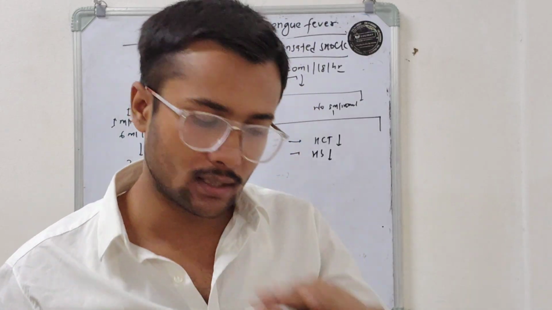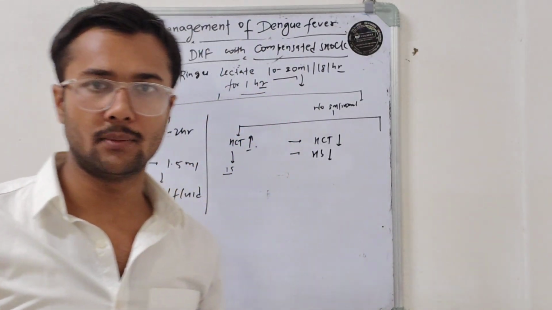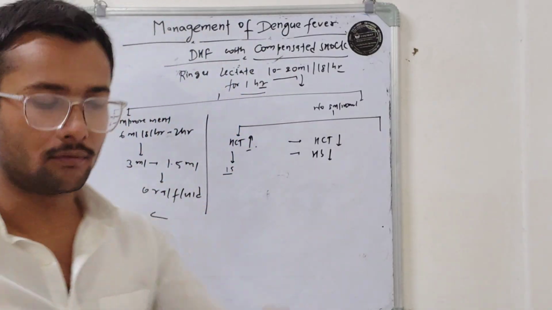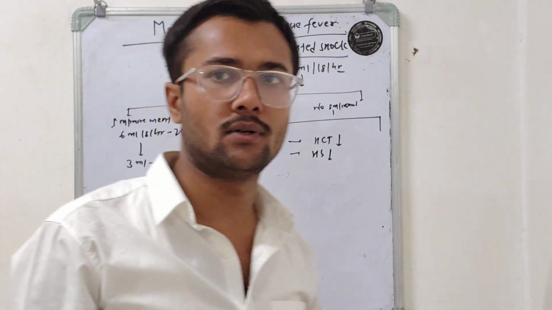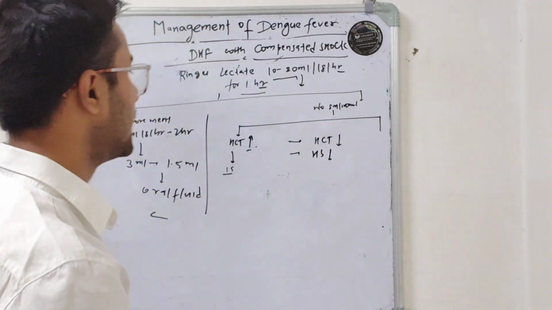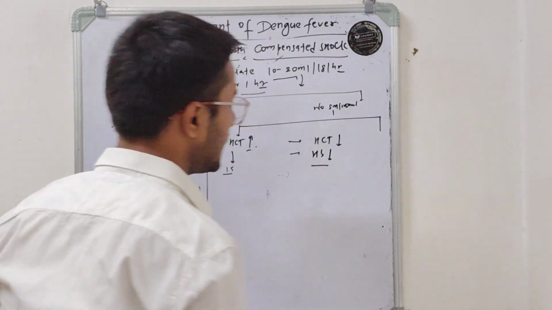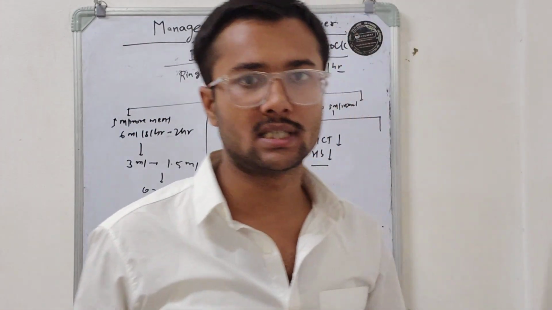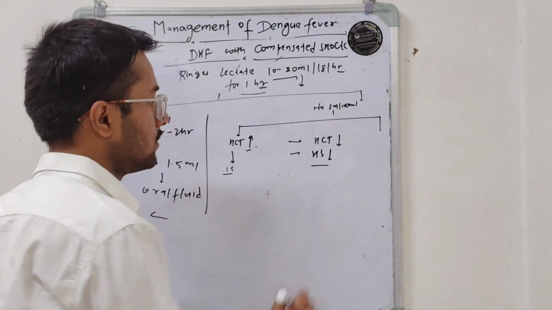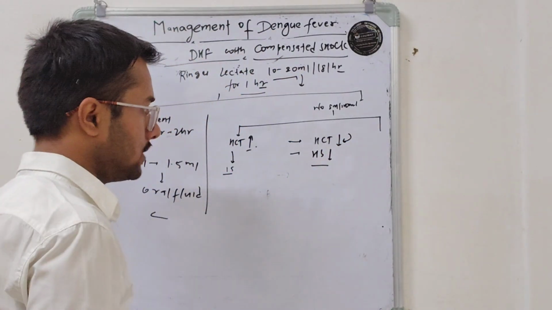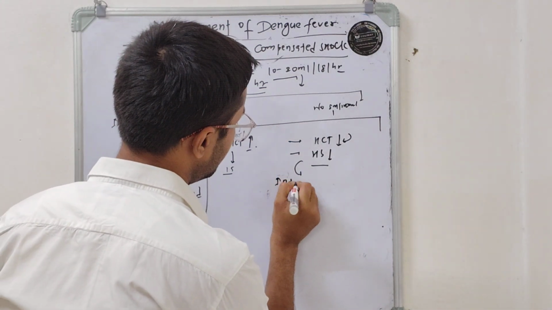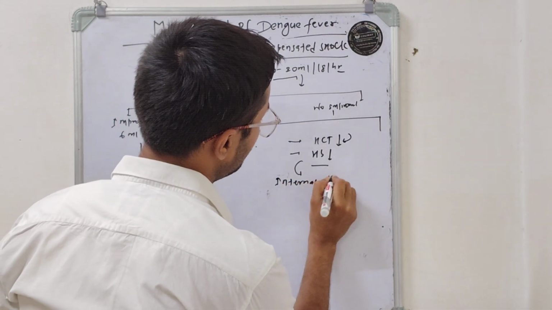Why does hemoglobin also fall along with the hematocrit level? This is because it is an indication of internal bleeding.